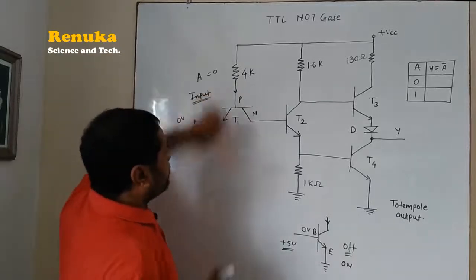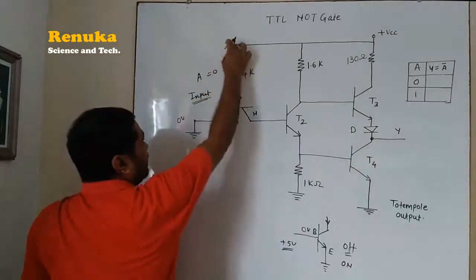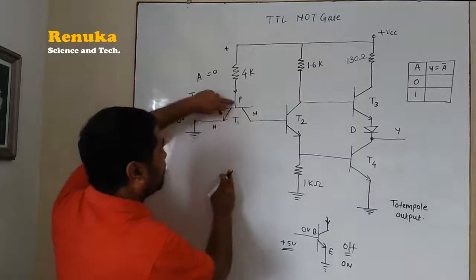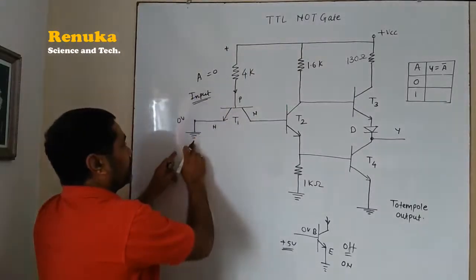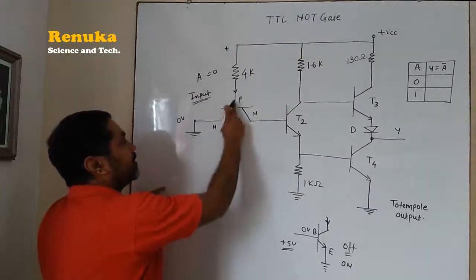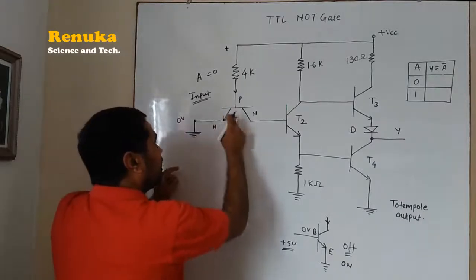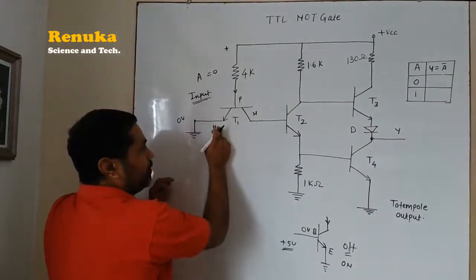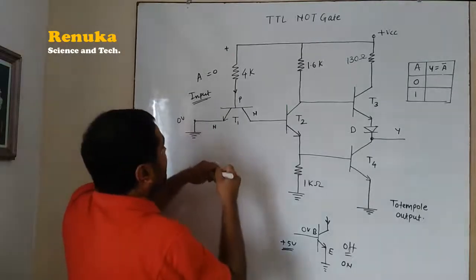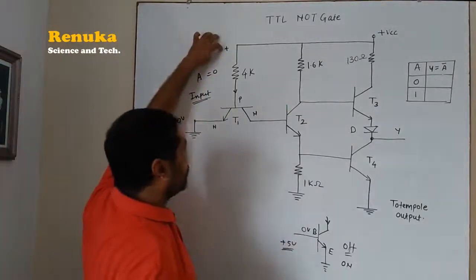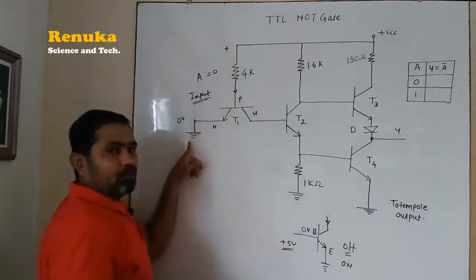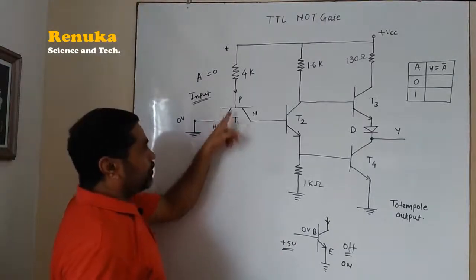So positive potential is connected here to the P type, and at the emitter, which is N type, it is connected to ground. So you can see that there is a diode between base and emitter. This diode is getting the potential P type to positive and N type to negative, so that is why this diode will be forward biased.